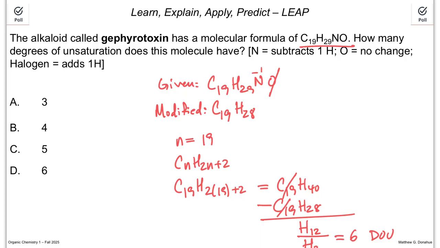So 4, 2, and 1, those are even. Because nitrogen's odd, it will affect that hydrogen count, so you have to subtract 1 out. So we would end up with D here.